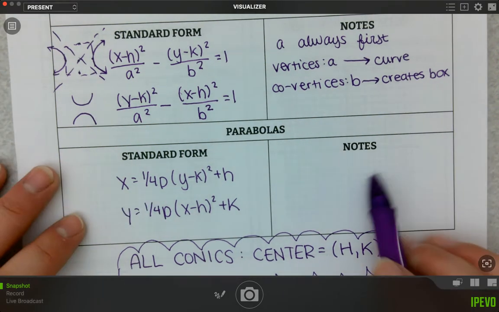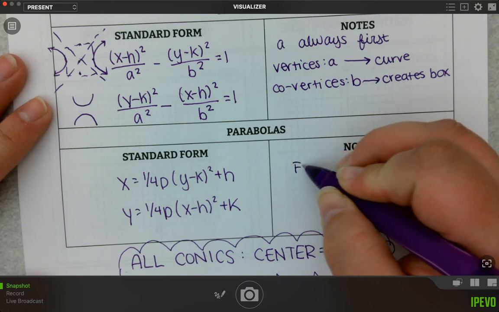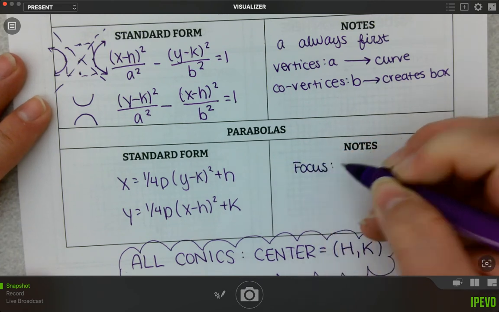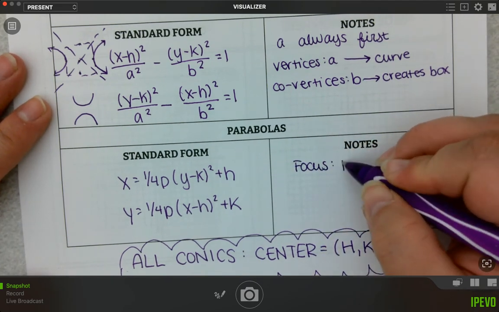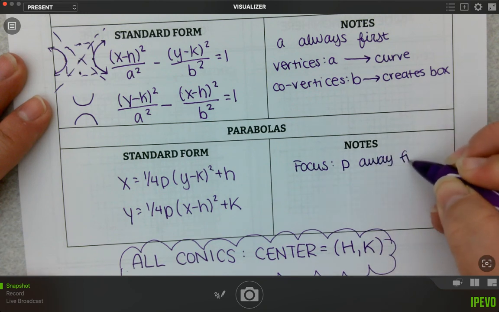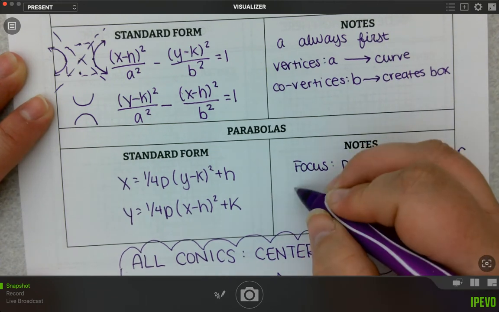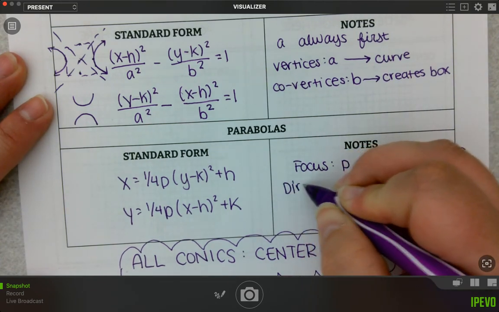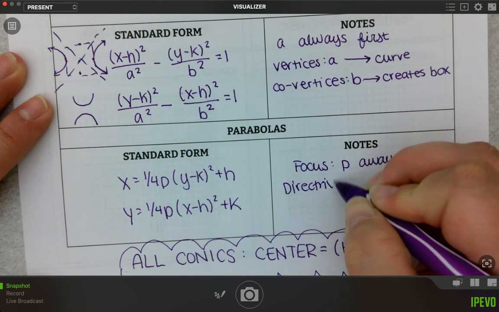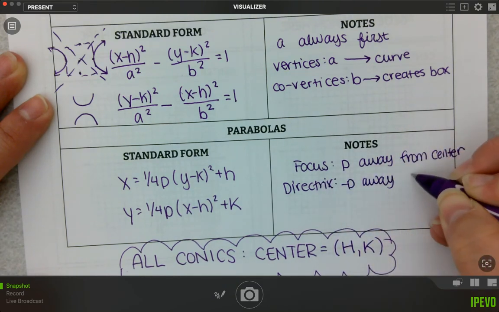And the notes I have for you about this one is, so the center is still HK, and then the focus is P away from the center. The directrix is a line that is negative P away from the center.